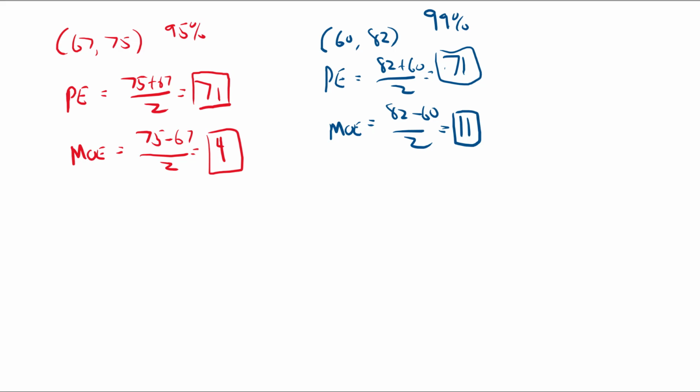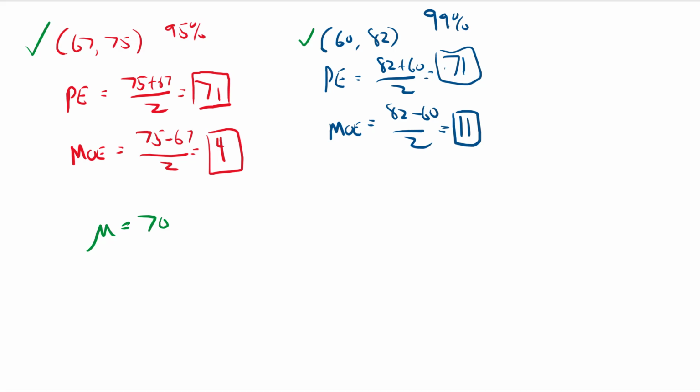So 70 falls within 67 and 75, and 70 definitely falls between 60 and 82. So it worked out with each one of those.